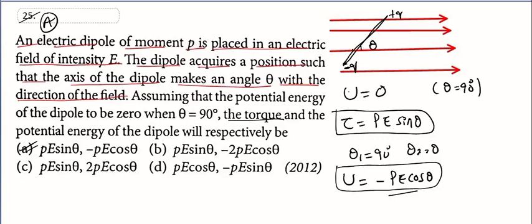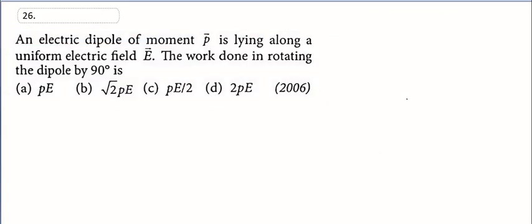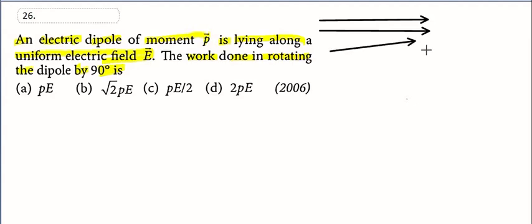Okay, 26th question. The question is: an electric dipole of moment P is lying along the uniform electric field E. The work done in rotating the dipole by 90 degree is asked. So let's see the solution for the problem. First you have to draw the uniform electric field.